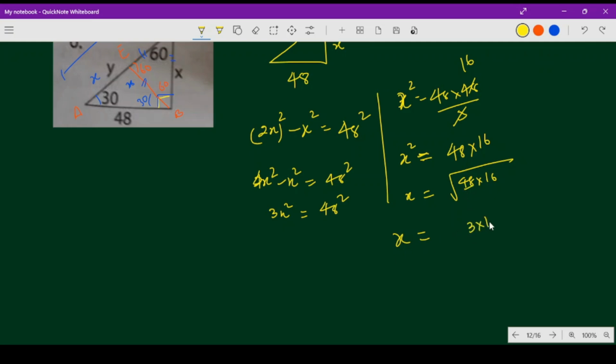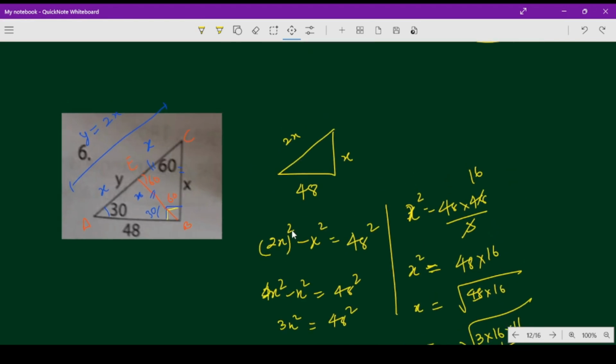So 3 into 16 into 16. Here 16 is making a pair, so 16 will come out of the root and 3 will be inside. So x value is 16 root 3.